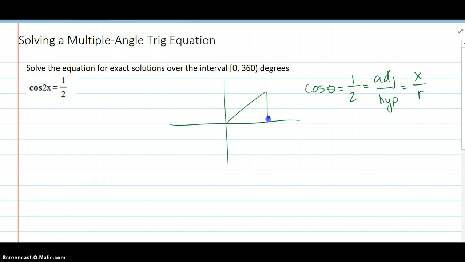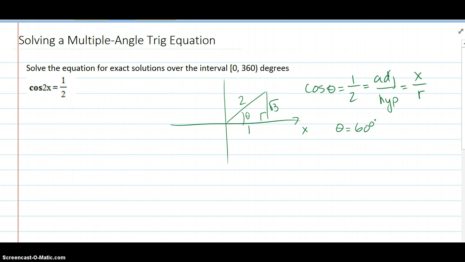So if we have something in the first quadrant, the x is 1 and the r, which is the hypotenuse, is 2, and from the Pythagorean theorem we know that the y value is square root of 3. So theta would equal, hopefully you recognize that angle is one of our reference angles, 60 degrees.